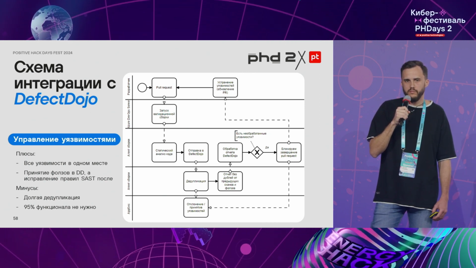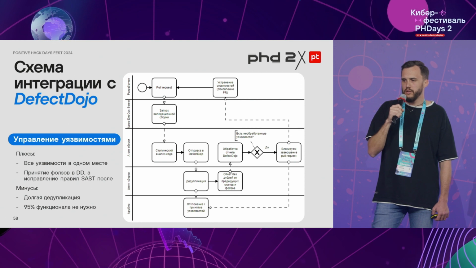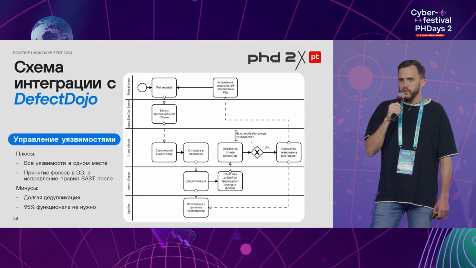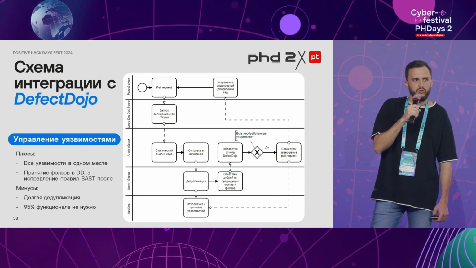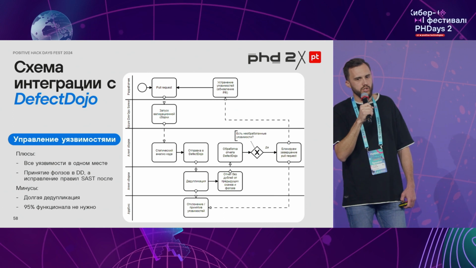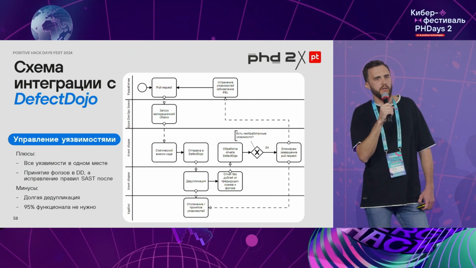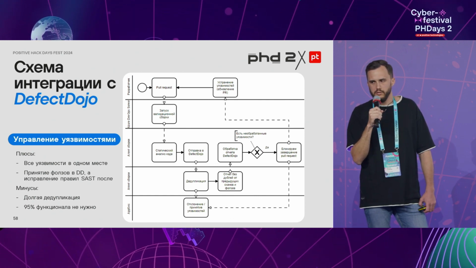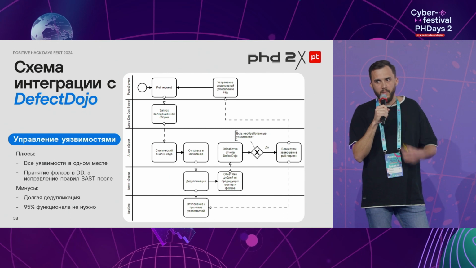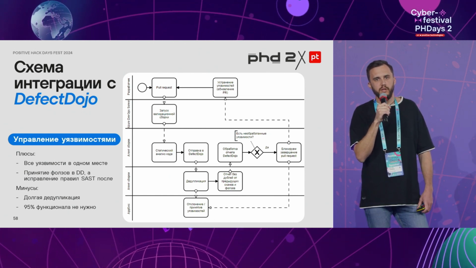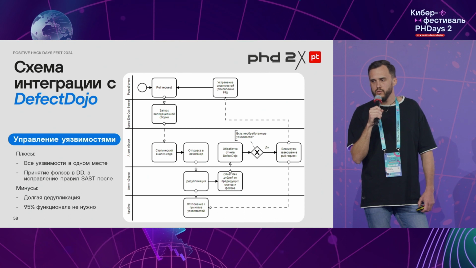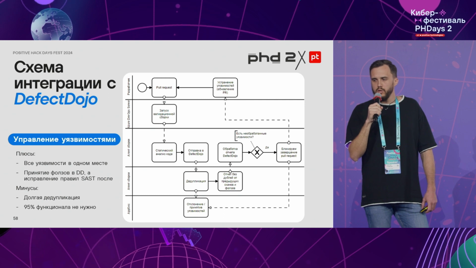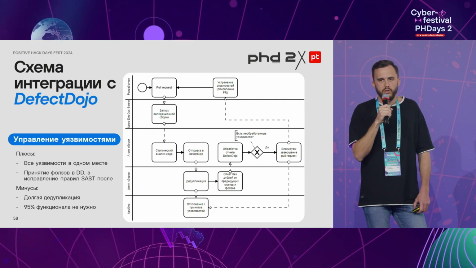The advantage of this approach is that we can process all the vulnerabilities centrally in a single place. We can accept false positives in DefectDojo, for example, in our rule. In DefectDojo, should there be an error, we can introduce exceptions for the found detections, although we intended to investigate the errors later when there was free time.